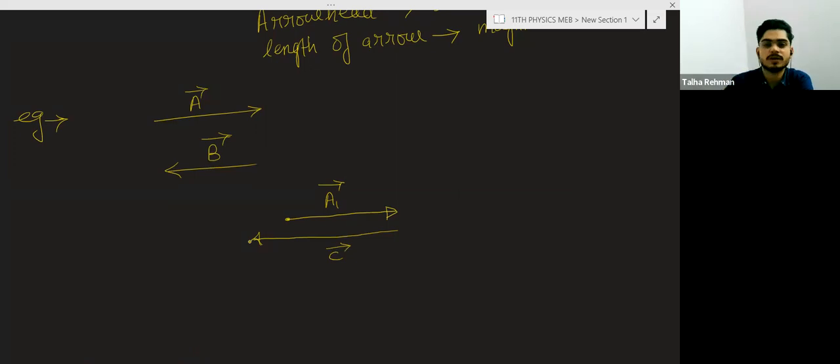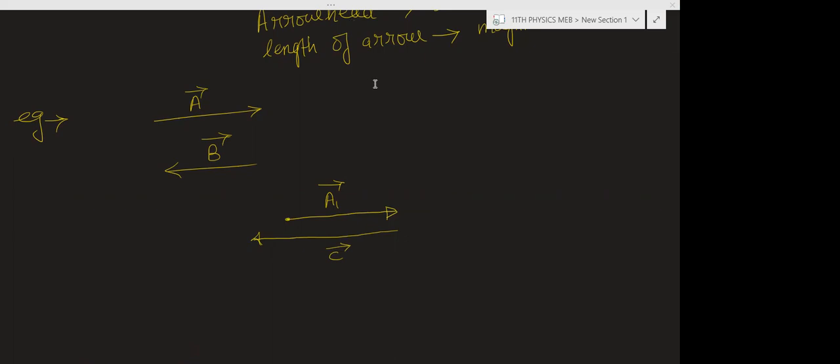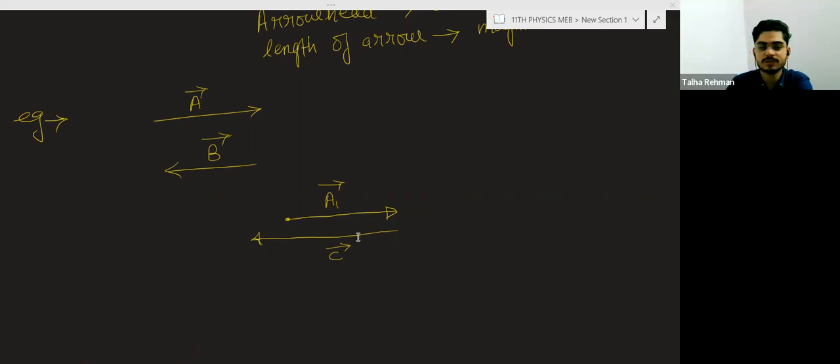So we will tell which vector has the greater magnitude. I'm asking Divyangi. C. C vector. Why? Because the length of the arrow is greater. So the magnitude of C vector will be greater than the magnitude of A1 vector. I am not talking about the direction here.